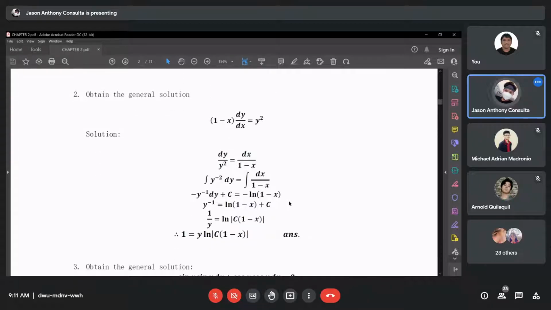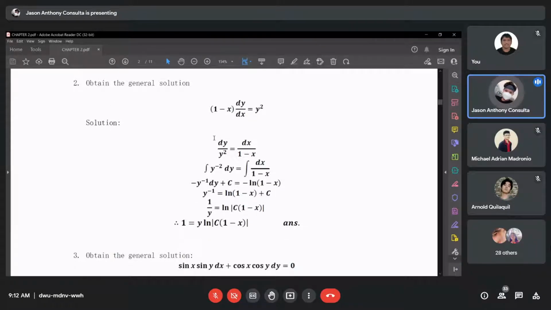So we have dy over y squared is equal to dx over 1 minus x. What we multiply is dx over y squared times 1 minus x, to the whole equation. Take note that whatever you do to the left side of the equation, you also do to the right side of the equation. Okay?